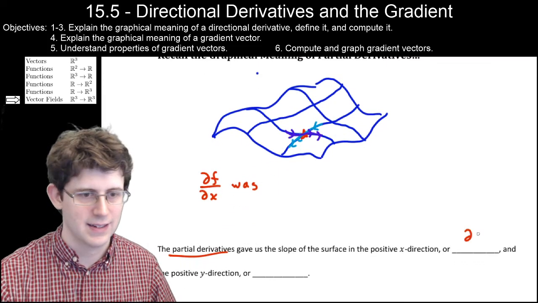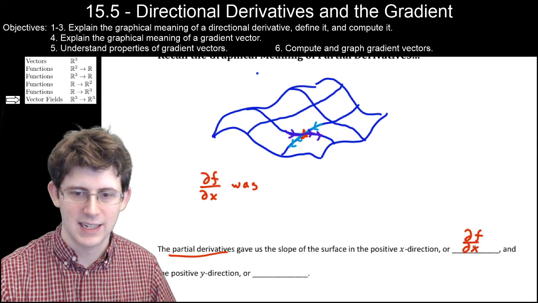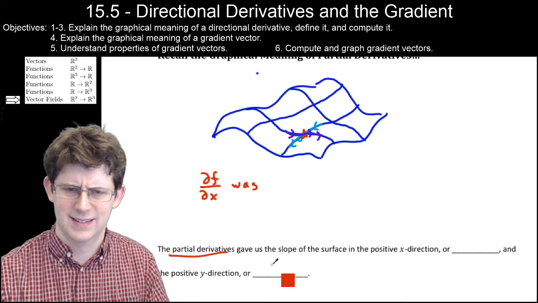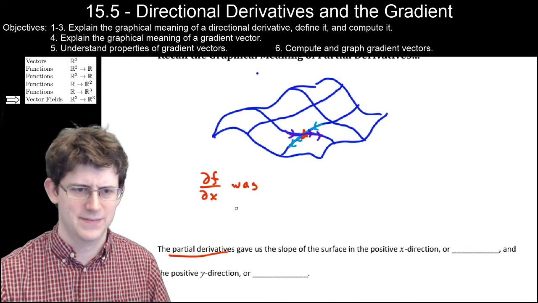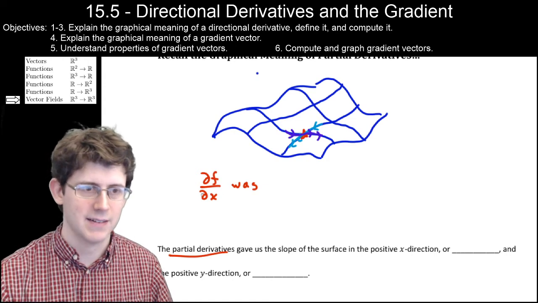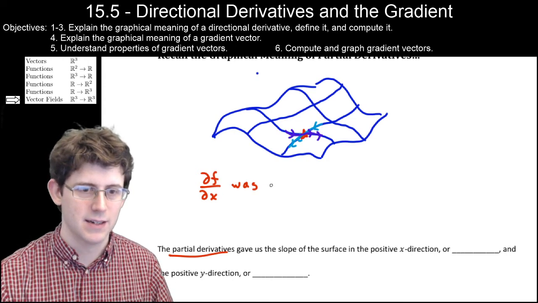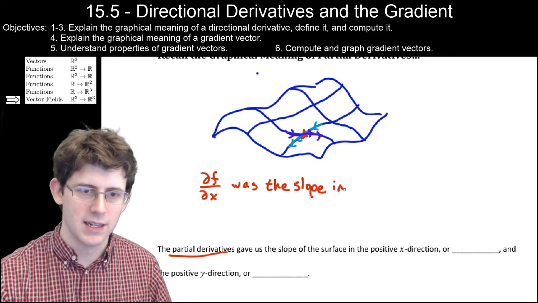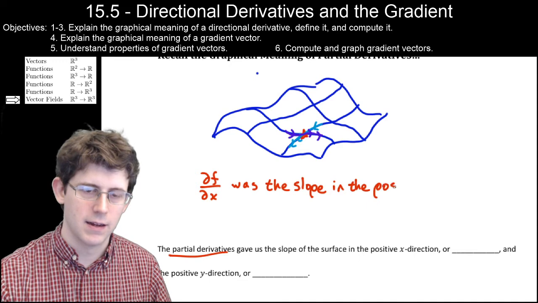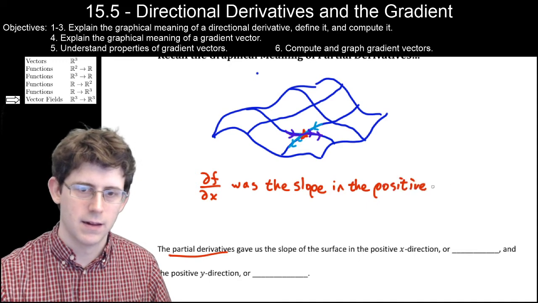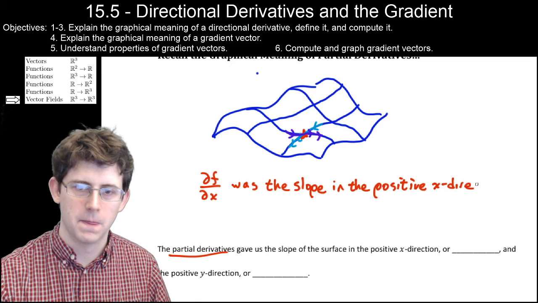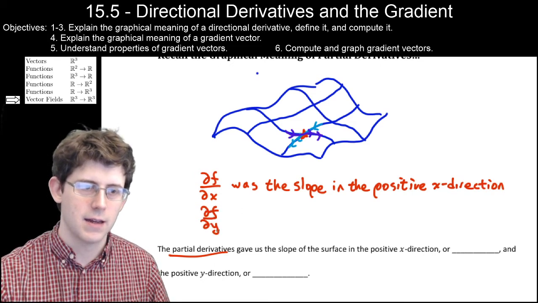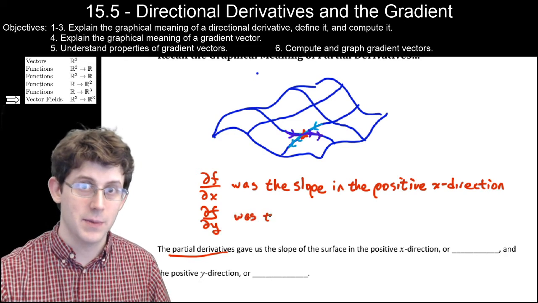This was partial f partial x, and in the positive y direction, partial f partial y was the slope in the positive y direction.